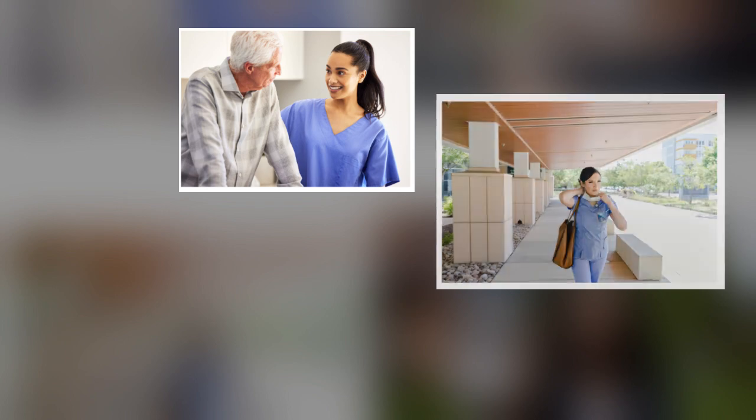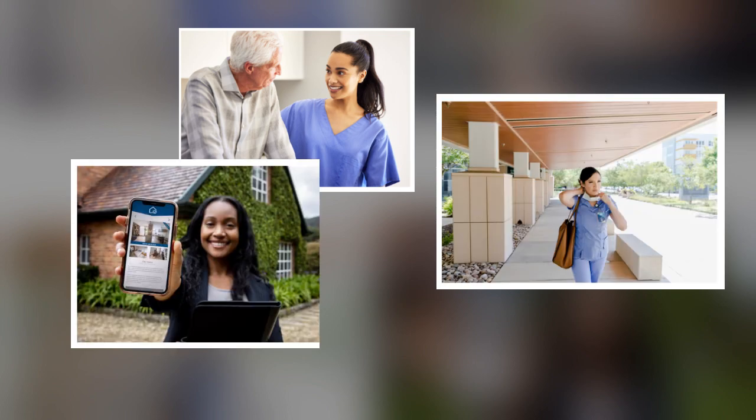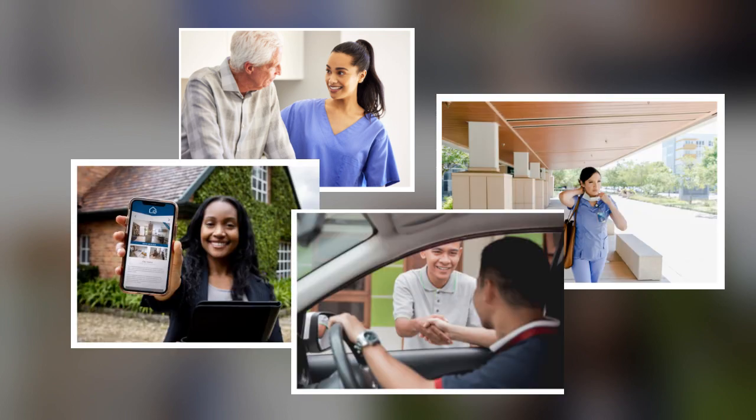So if you are a caregiver contracted through a home care agency, a traveling nurse, a real estate agent, Uber driver, the list can go on and on. So basically, in these cases, the payer has determined that an employer-employee relationship doesn't exist.